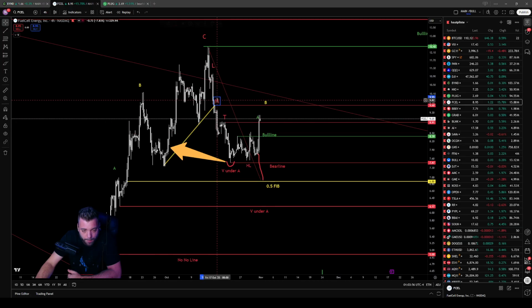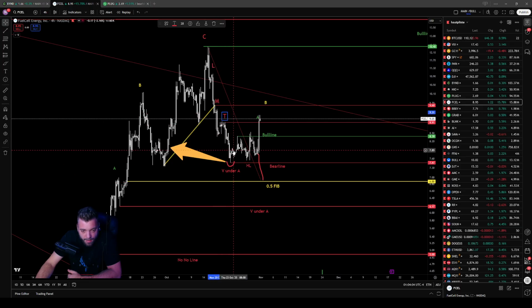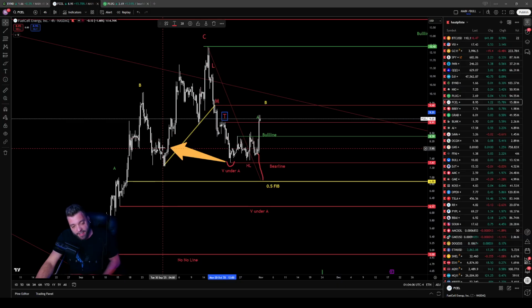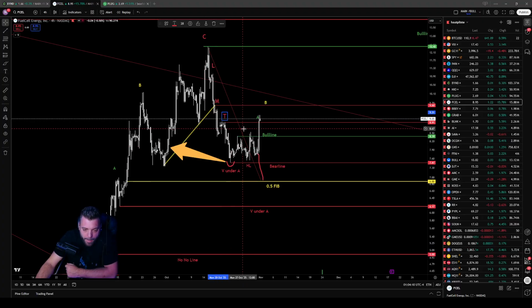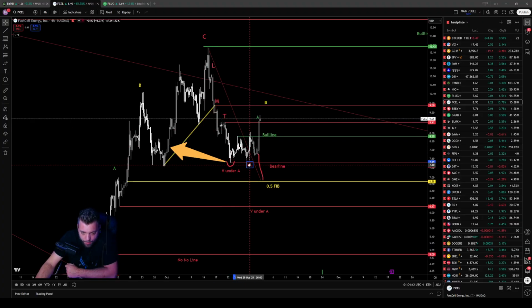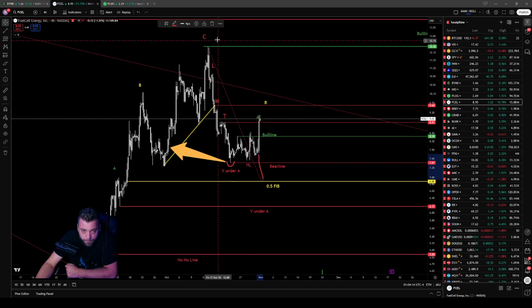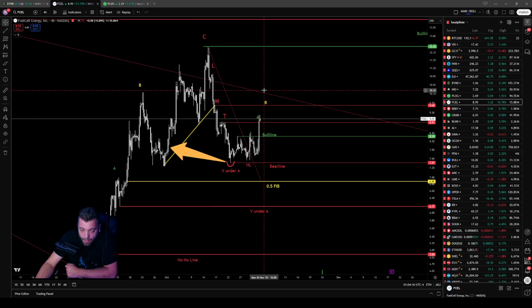This was your M. You made a lower low, came up. This was your T. You dropped, did a V and A from here, not here. Bounced. We're holding the higher low, and ran.